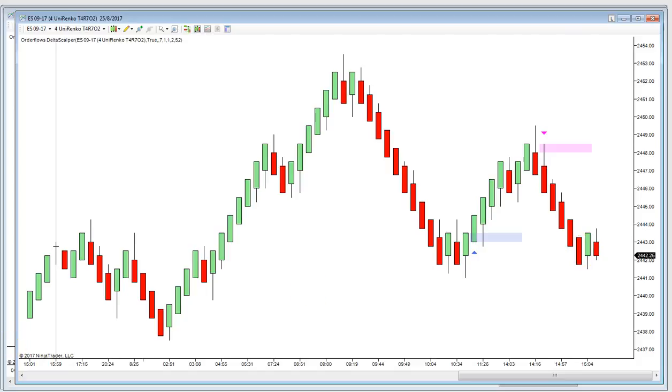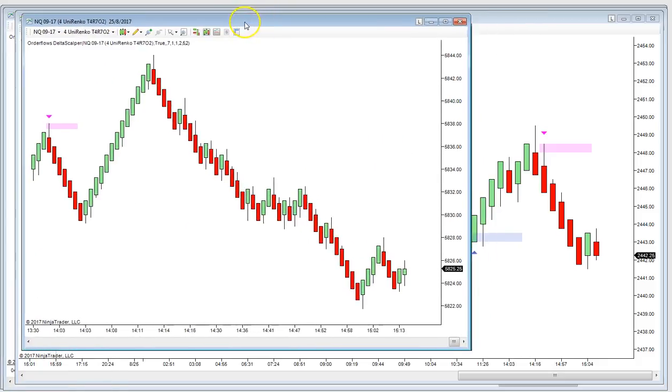That's on, again, the default settings, 711252, and on the Unirenko it's 472. These are all my charts, the same settings. Again, I'm not trying to optimize it or anything. I'm just showing you the same settings on different markets. NASDAQ.